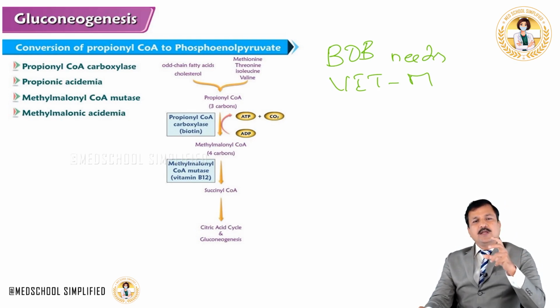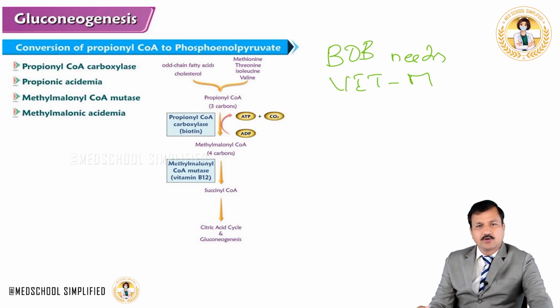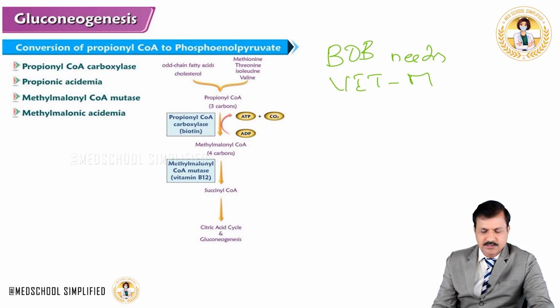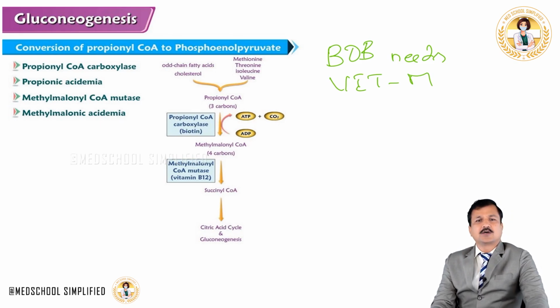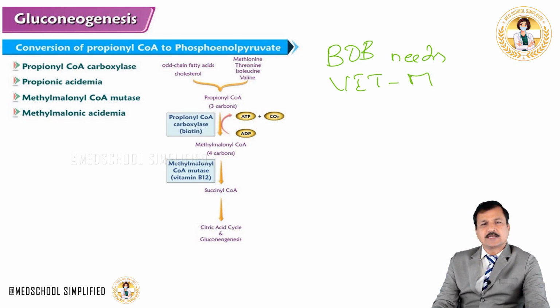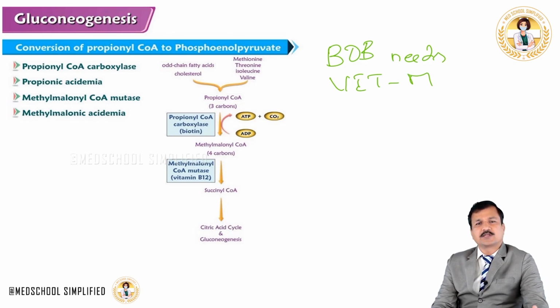So the propionyl-CoA, which is a 3-carbon molecule, as it is shown here in the figure, comes from various sources. It is already written there: oxidation of odd chain fatty acids, bile acid synthesis. The cholesterol that is written there is actually bile acid synthesis, oxidation of methionine, threonine, isoleucine and valine, and branched chain fatty acid oxidation, missing here. Okay, so all of them give propionyl-CoA.